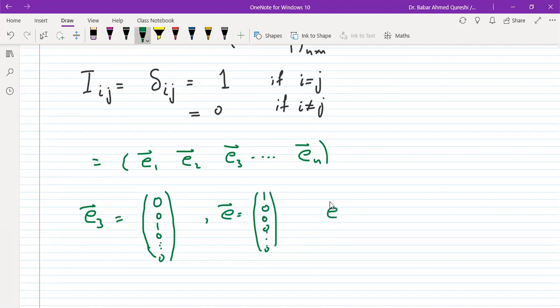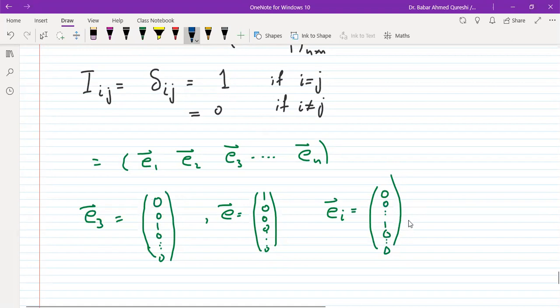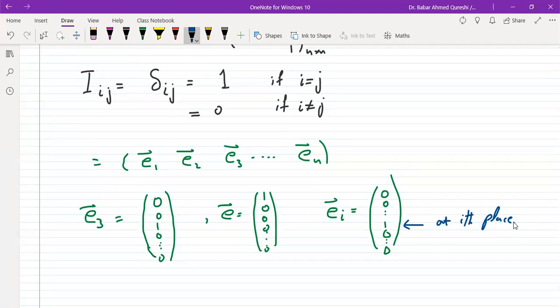So e i, any one of them, is a vector with a 1 at the ith place. So these are like unit vectors.